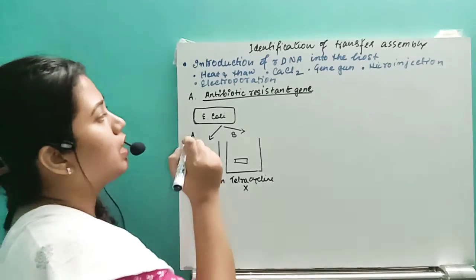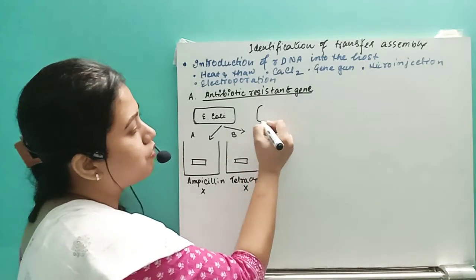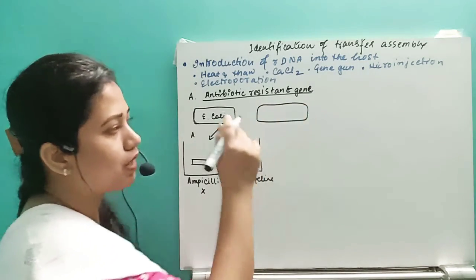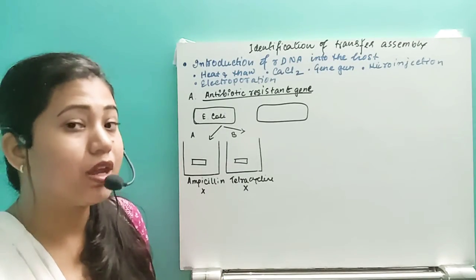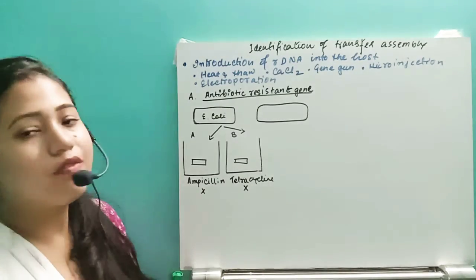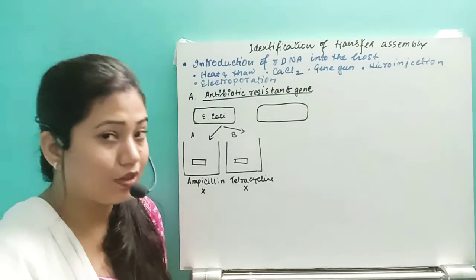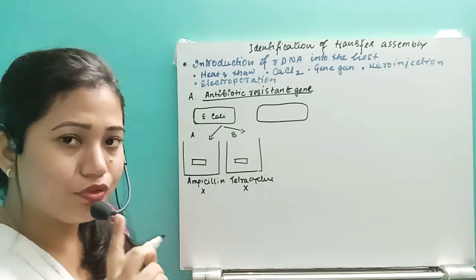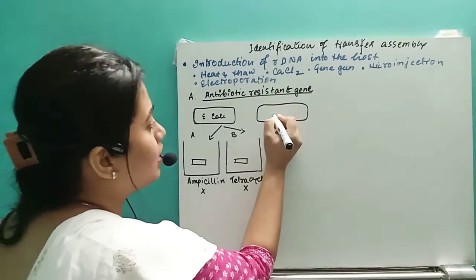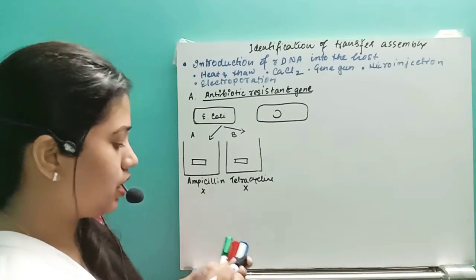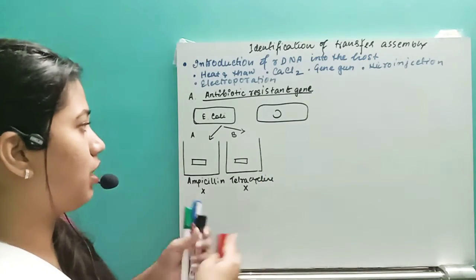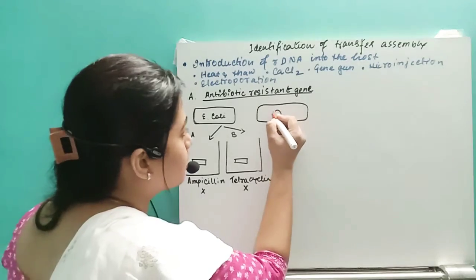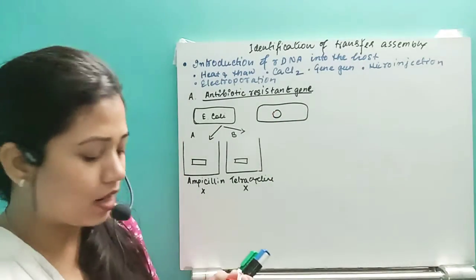Now just see what we are going to do with the antibiotic resistant gene. First of all, we take E. coli as the host. Whenever we make the rDNA, suppose this is the rDNA which has our desired gene fragment.